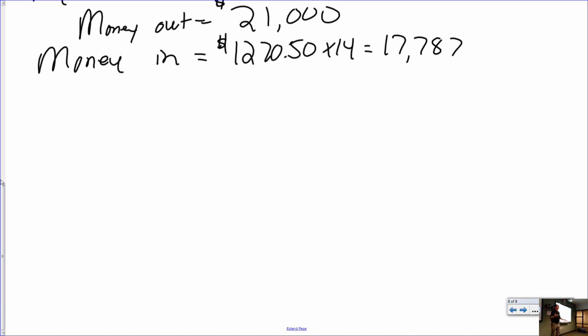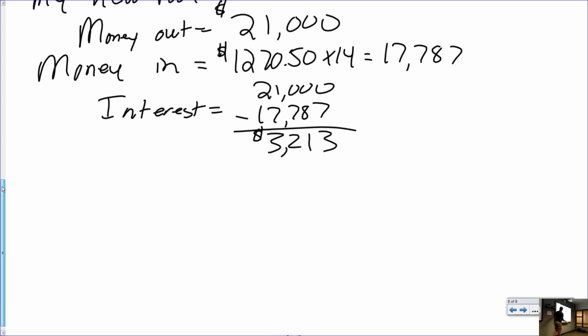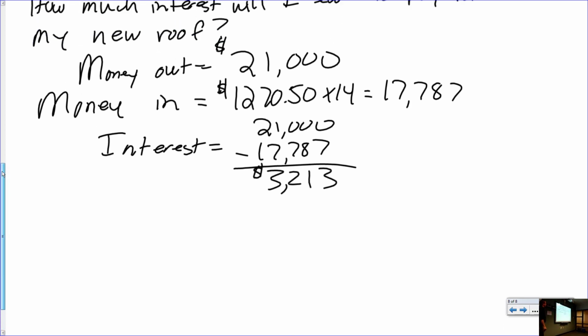The difference. $3,213 of that $21,000 is going to be straight interest.